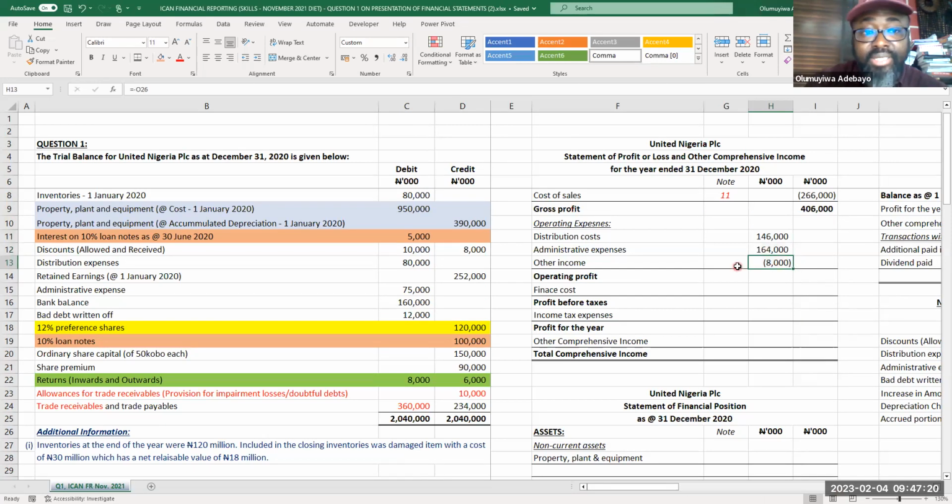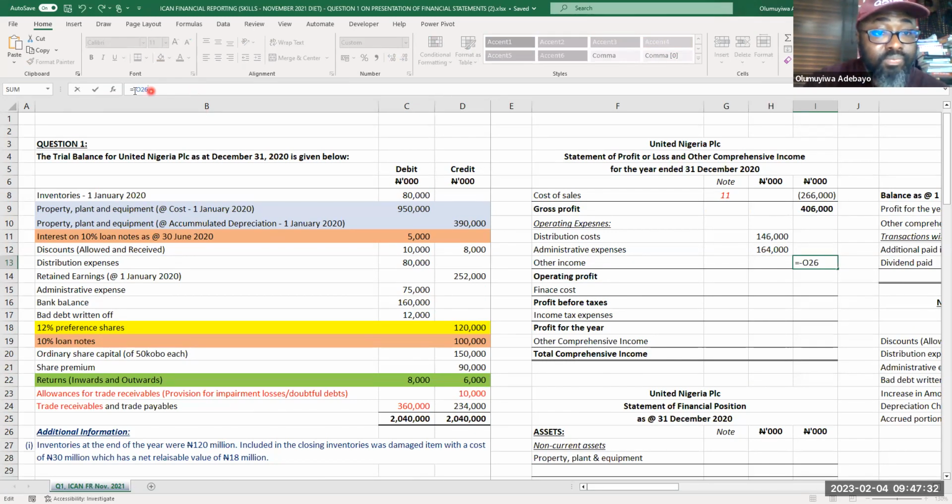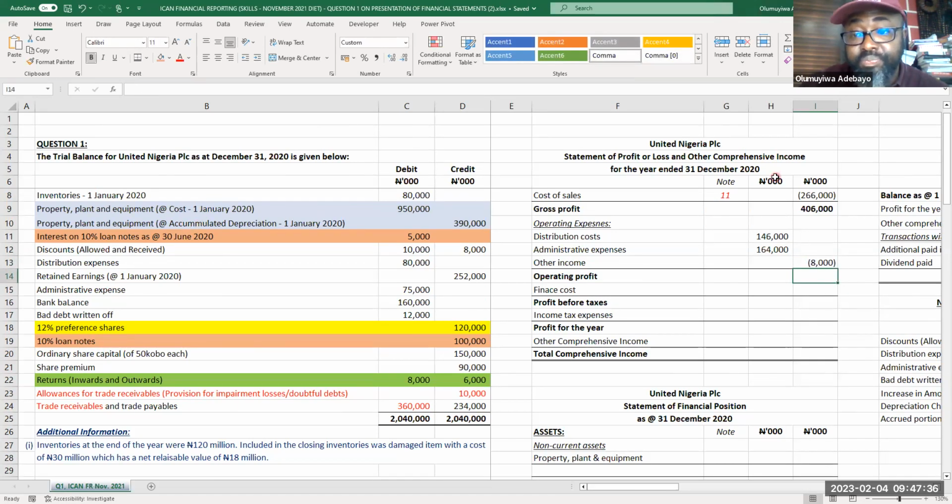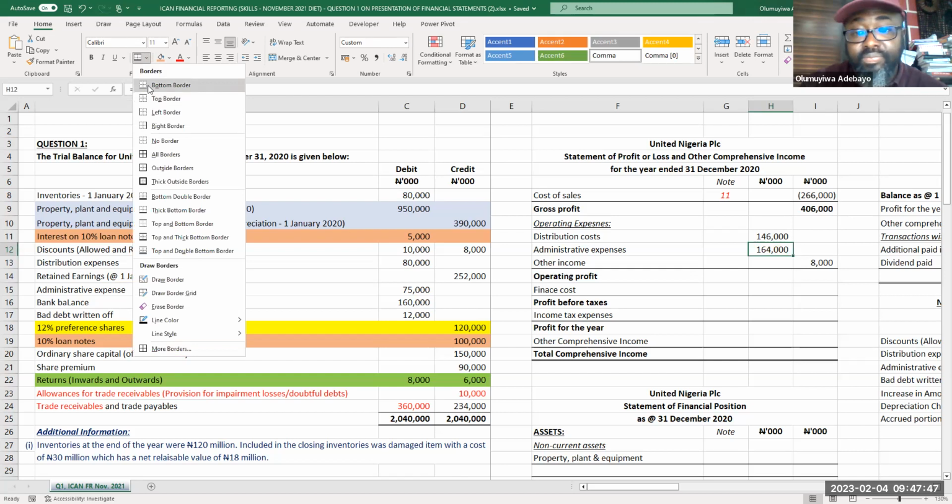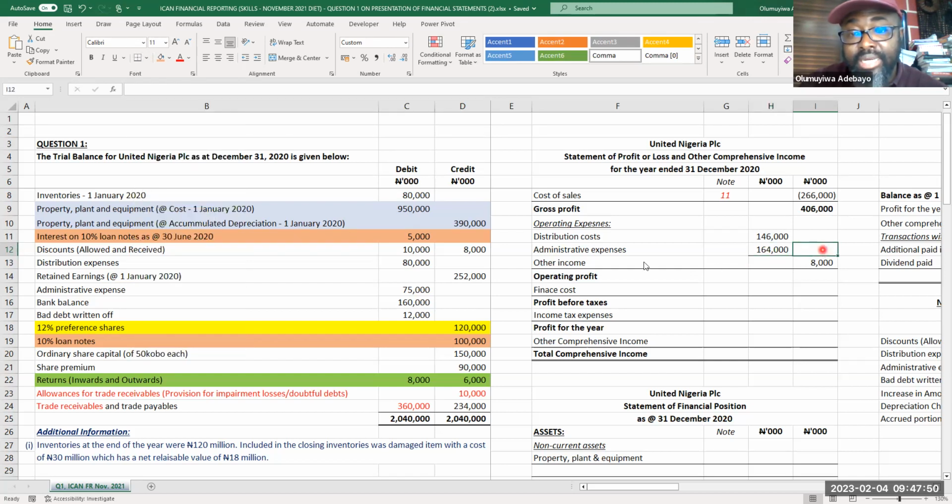Or I can move my income separately here, and my expenses, I can aggregate them here and bring my operating expense here.